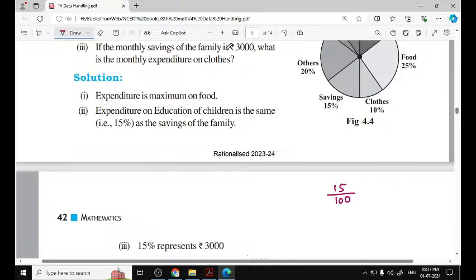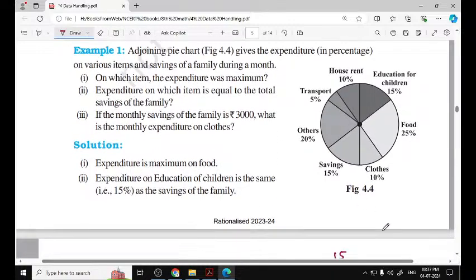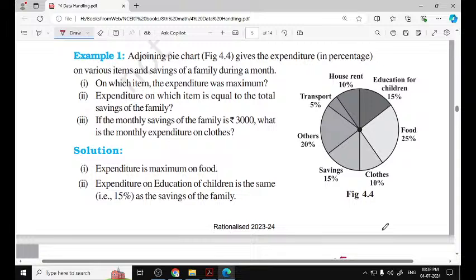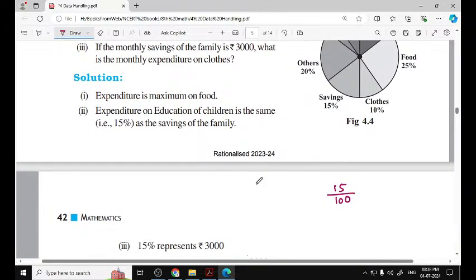And we don't know the income of the family, so we consider that income as X. Let income be X. So 15% of income is rupees 3,000.